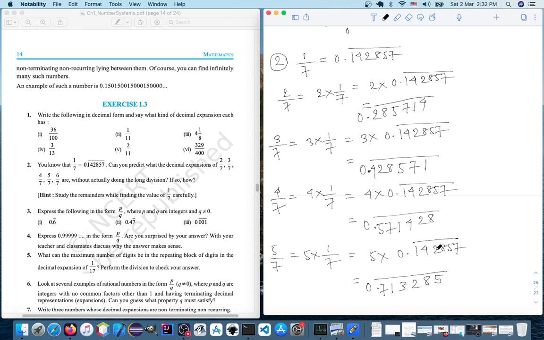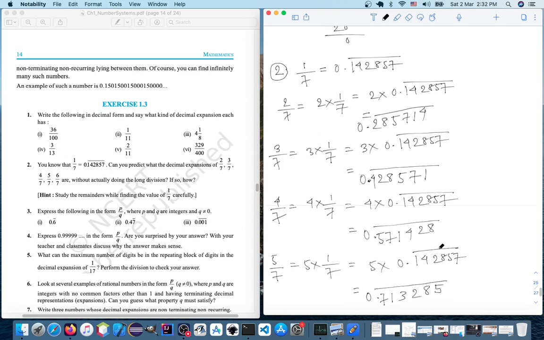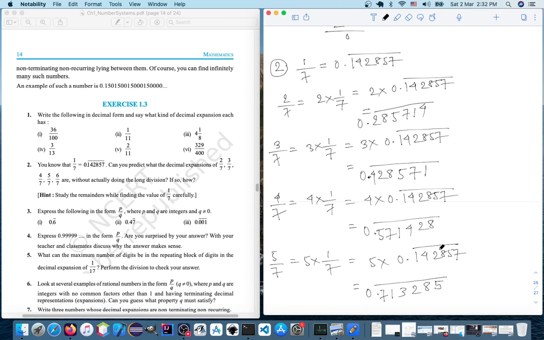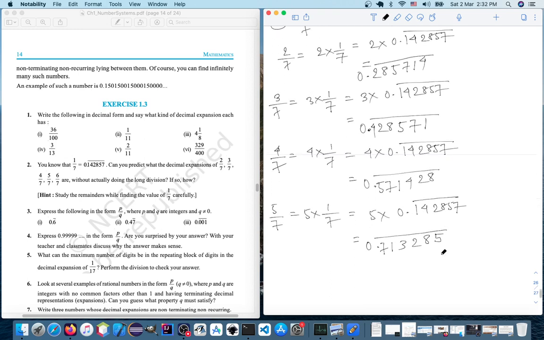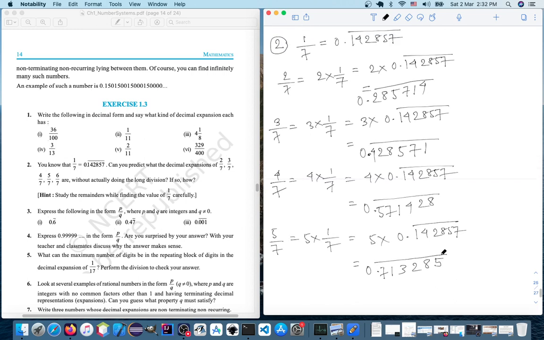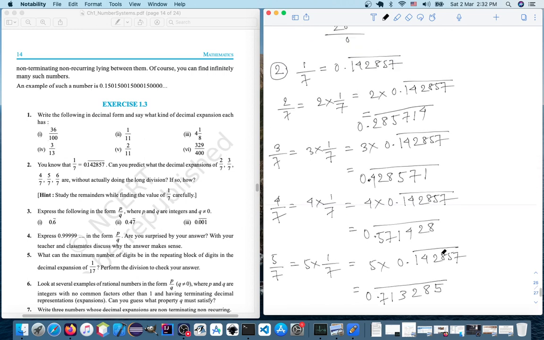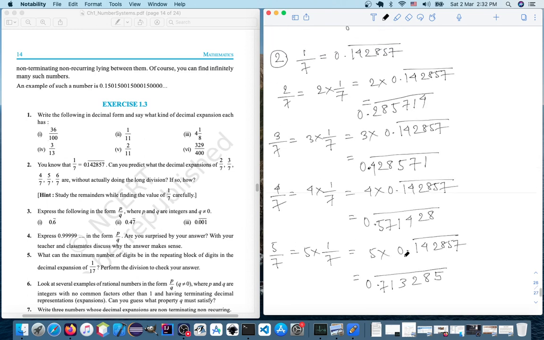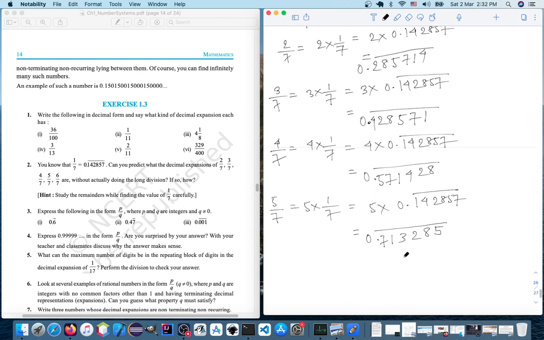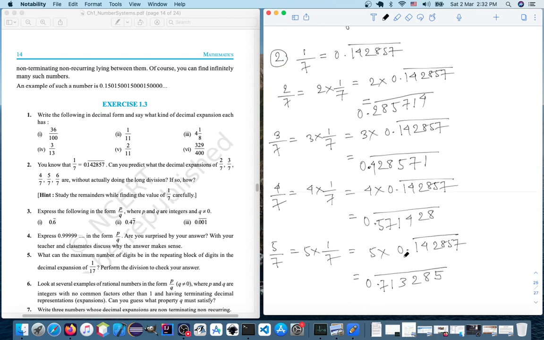You see the digits in the repeating block of digits are the same. No, we have 3 here. Okay, so ignore that. So always remember that the number of digits in the repeating block of digits in a non-terminating recurring decimal expansion will always be less than the divisor.